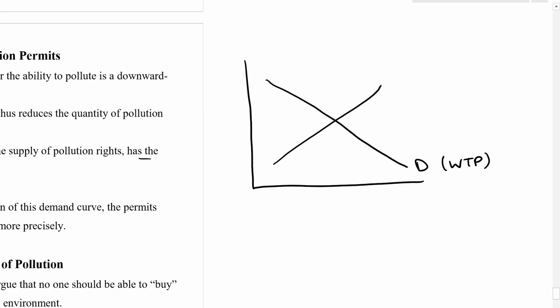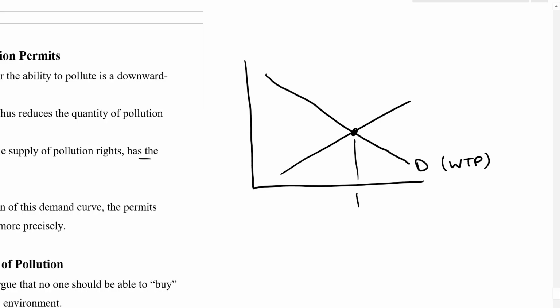Let's say we started out here, and this is the market outcome of 100, but let's say the socially optimal level was something that's 20% lower.